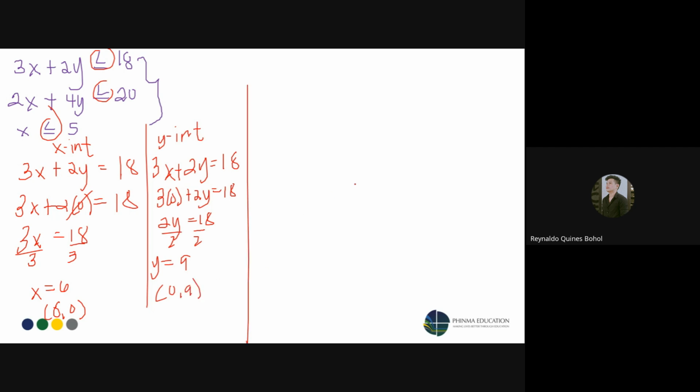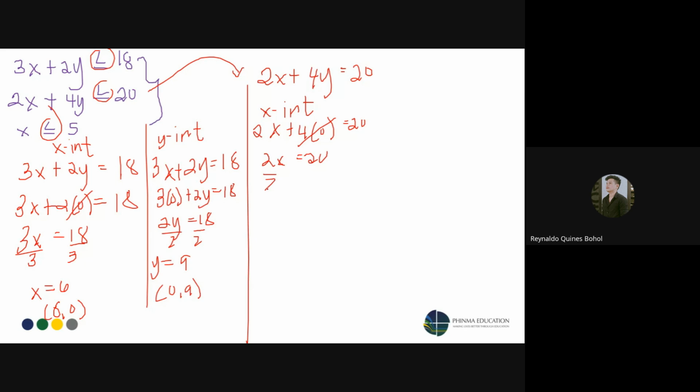Alright, so we already have the coordinates of first equation. And the second equation, we have 2x plus 4y equals 20. In finding the x-intercept, let y is equal to 0, cancel na yan, and 2x is equal to 20. Then divide by 2, x is equal to 10. Of course, the ordered pair is 10 and 0.